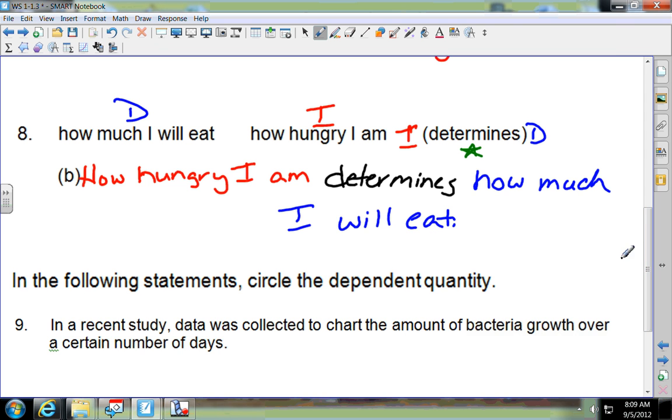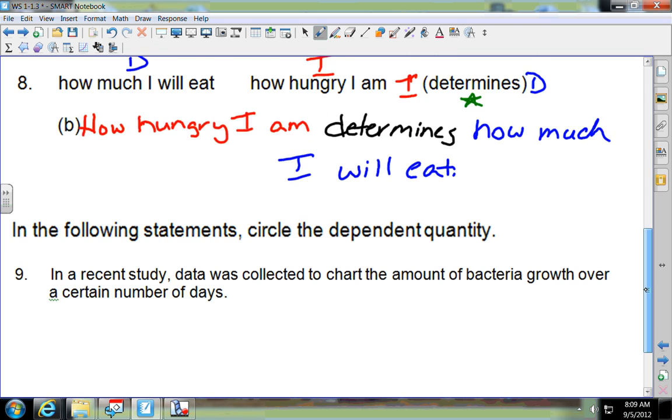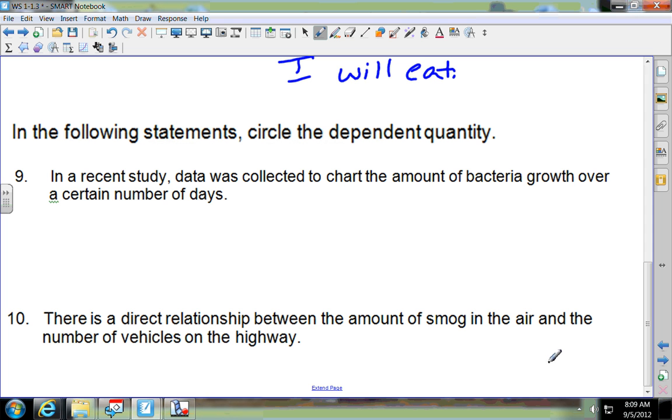Now, on this next part down here at the bottom, it says circle the dependent quantity. Remember, the dependent is the y. It's the thing that happens second. It says in a recent study, data was collected to chart the amount of bacteria growth over a certain amount of days. What are the two quantities? They're talking about bacteria and days.